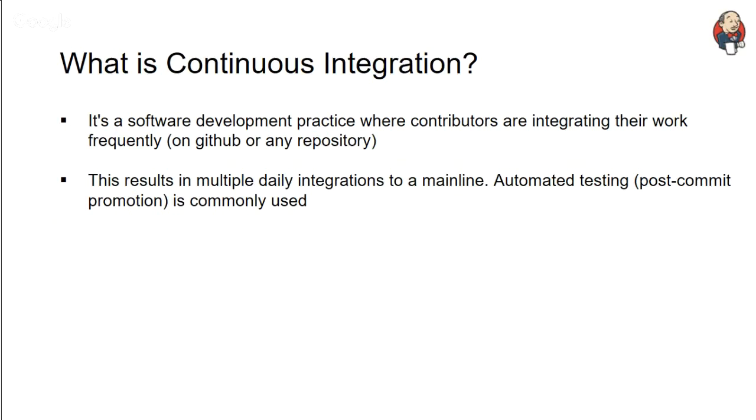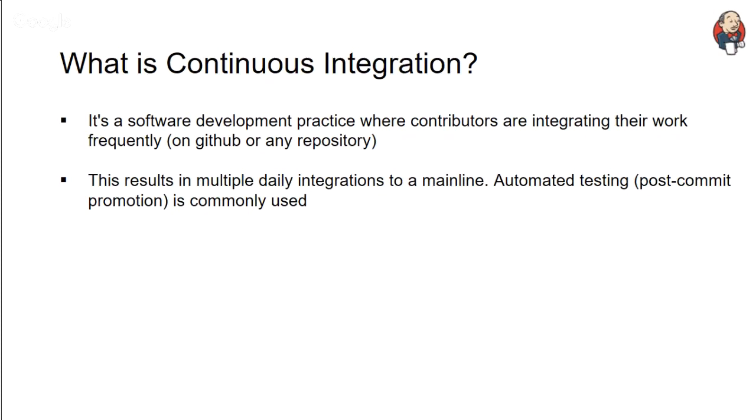So in order to improve that, in continuous integration, you need to merge or commit your changes at least once in a day, or even more frequently if possible, which is completely fine.